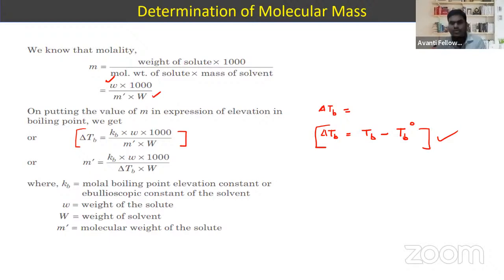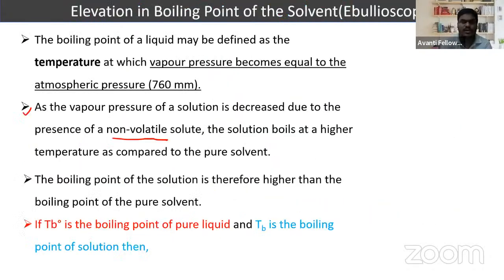I hope this is clear to you. Any doubt, beta? No? Right. So this is all about the elevation in boiling point. Whenever we add some solute, the boiling point increases, because colligative properties depend only on the number of solute particles.